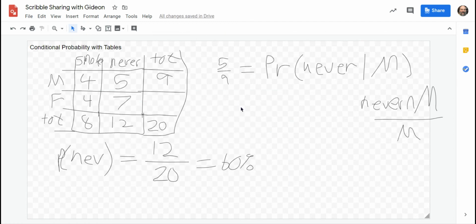Now let's go back to a very different question. What if the question is, hey, what percentage of smokers are male in this sample? What percentage of smokers are male? Oh, that's interesting.